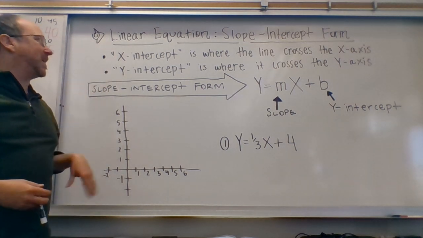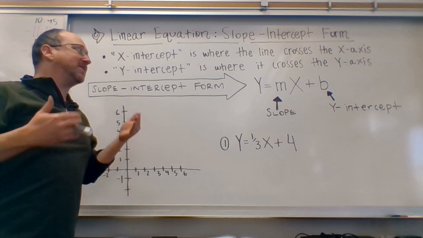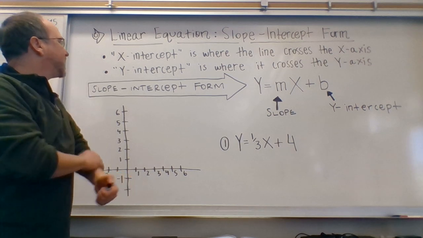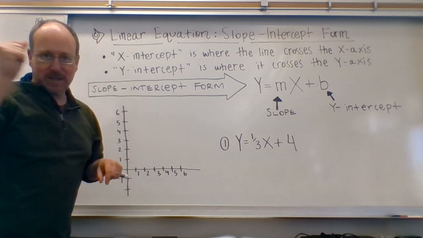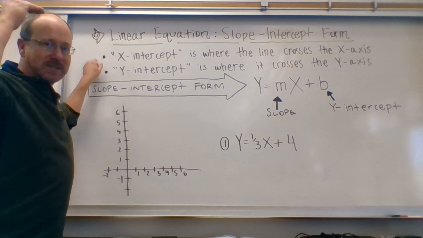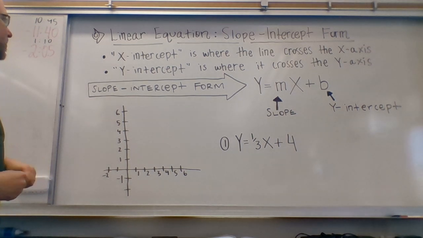So the y-intercept then, of course, is also where the line crosses the y-axis. They are pretty self-explanatory, but it wants to be crystal clear in your brain. If we say x-intercept, you're visualizing a line crossing the x-axis, and y correspondingly with the y-axis as well.